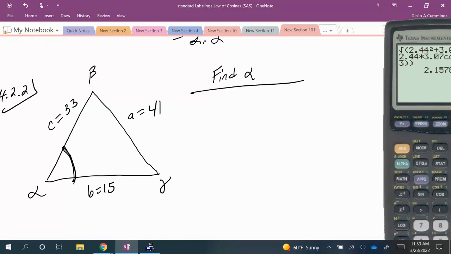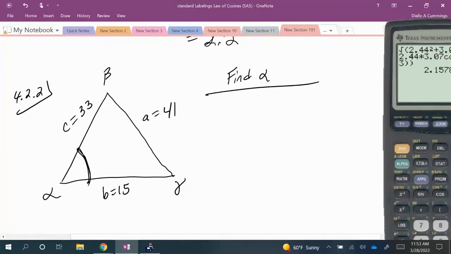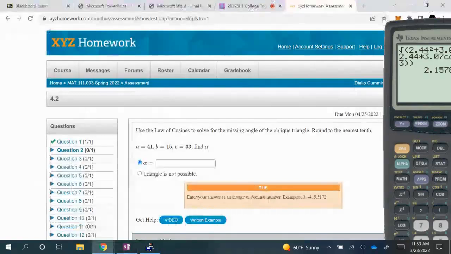So we're going to use the formula for alpha. Let me just go back to make sure. Okay, A is 41, B is 15, C is 33.